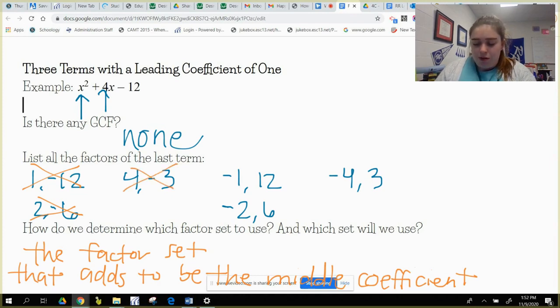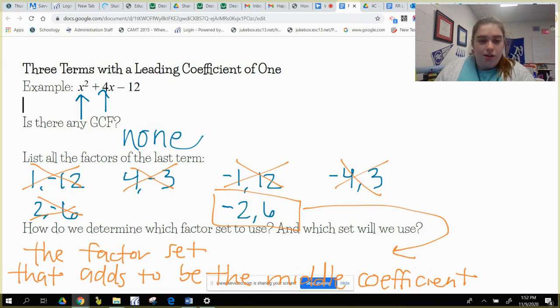Negative 1 plus 12, that's going to be positive 11, still not that. Okay, and then negative 2 plus 6, that is positive 4, so let's box that one in and check the last one. Negative 4 plus 3, that's negative 1, so not that one. So the set that we're going to be using is that negative 2 and 6. Okay, so if y'all want to write that down here, that's the set we're going to be using. Make sure you have that written down, and I'm going to scroll down a little bit.